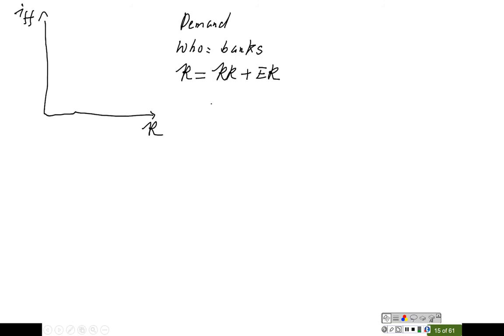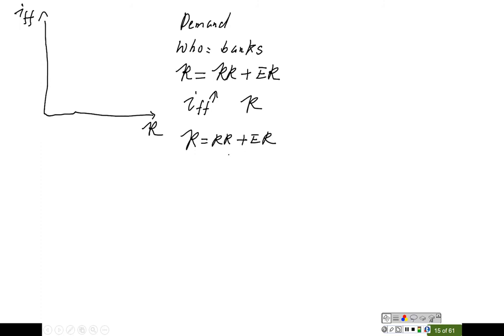So how could the federal funds rate affect the reserve? If the federal funds rate increases, is reserve going to increase or decrease? And we have to use the equation of the reserve to explain this.